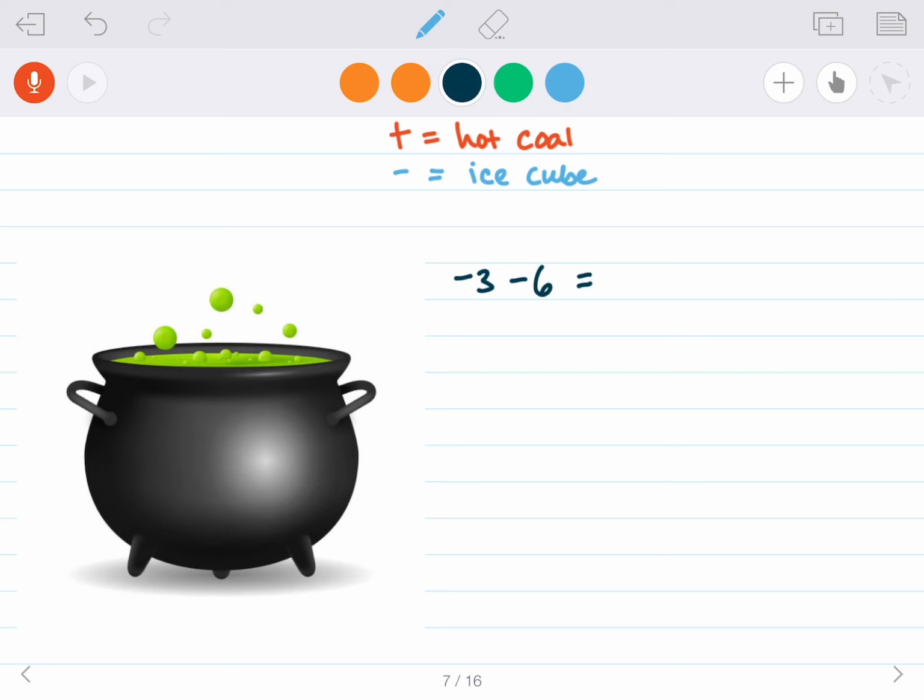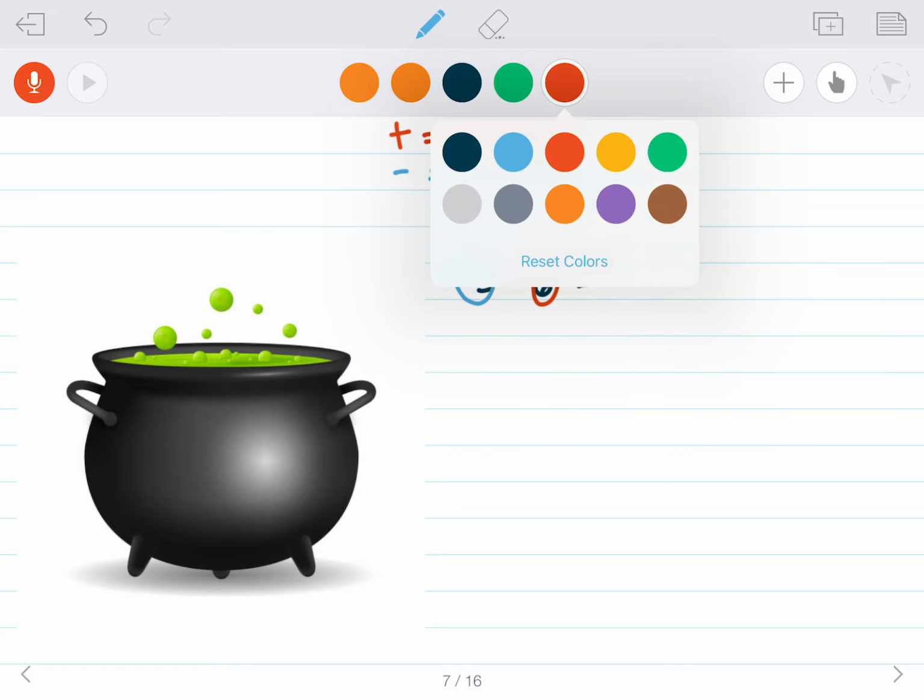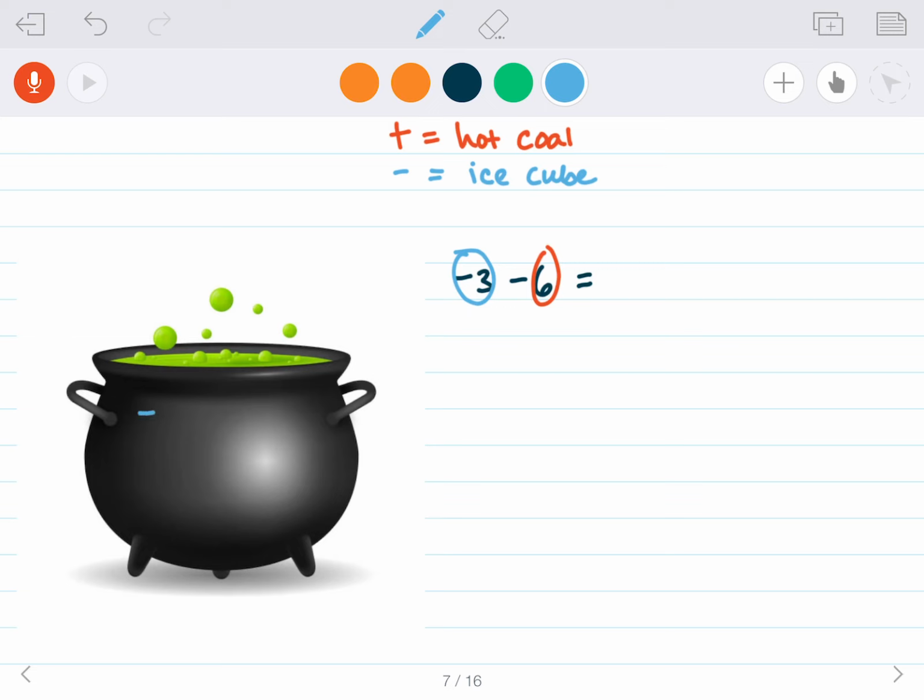Okay, so this one, we have 3 ice cubes, and we want to take away 6 hot coals. All right, so in our pot, we have 1, 2, 3 ice cubes, but we don't have 6 hot coals to take away. So we need to introduce them by adding a bunch of zeros in here.